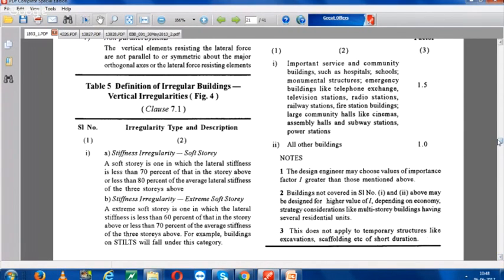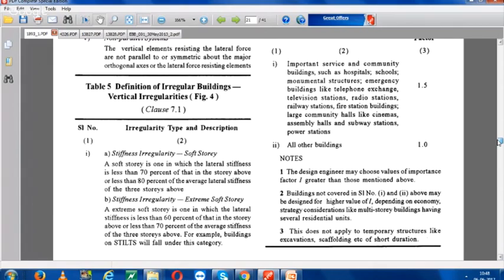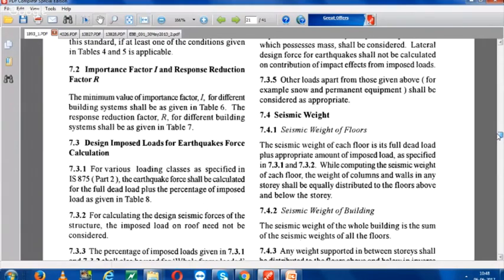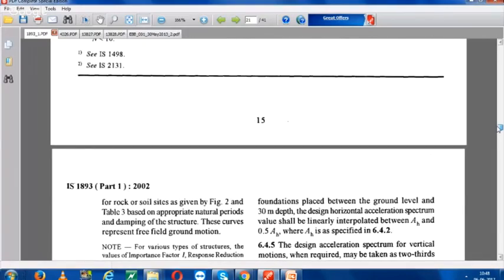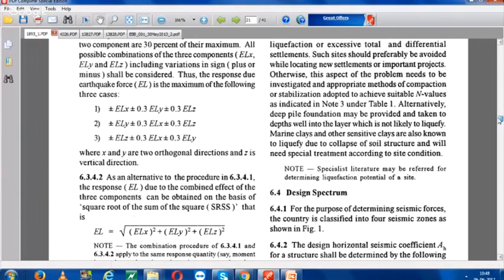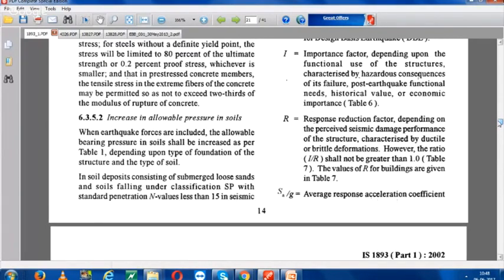Another thing is R. R is the response reduction factor. Whenever we design any building, we design for lower forces, because if we design our building for more forces, the building will not be economically viable.